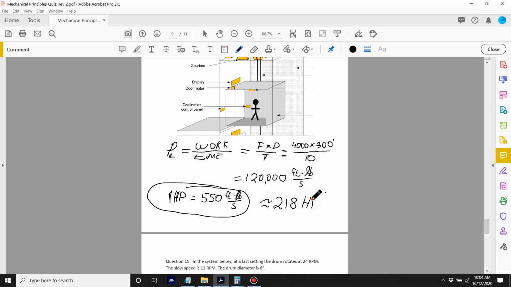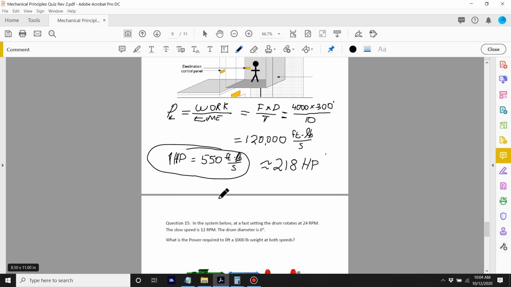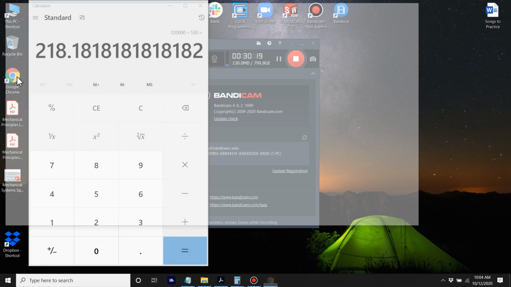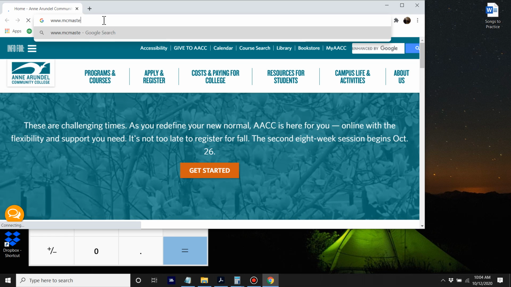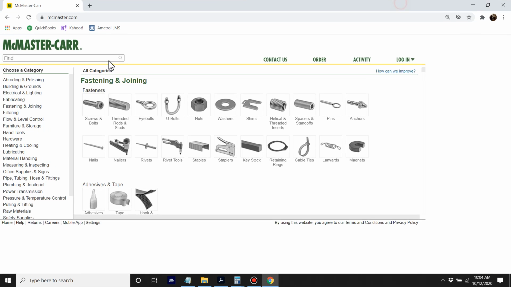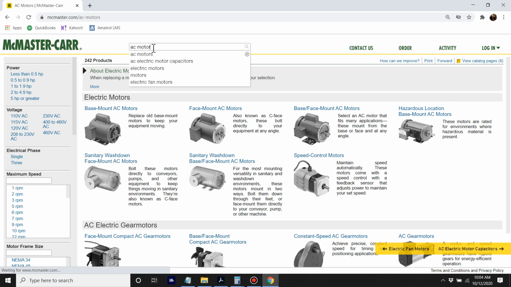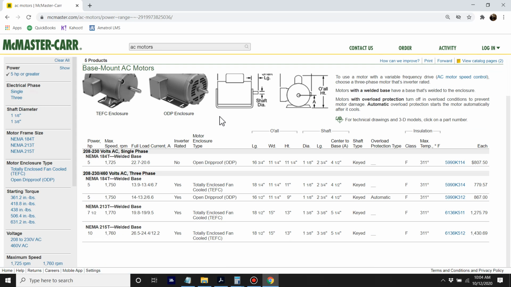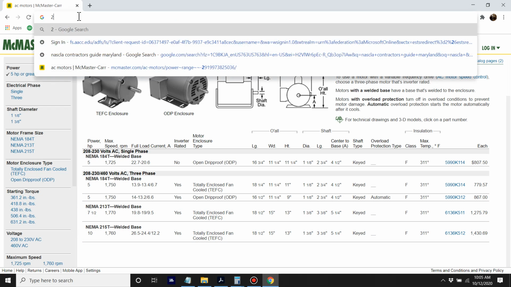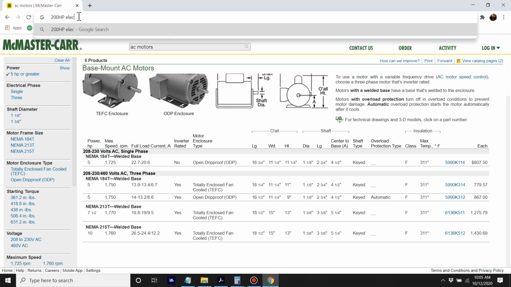Now let's go to McMaster-Carr and see if we can find a motor that big. We'll find an AC motor. Oh god, 5 horsepower or greater. Max horsepower is 10. So what do we do? I want to find a 200 horsepower electric motor. I wonder, does it have to be DC?